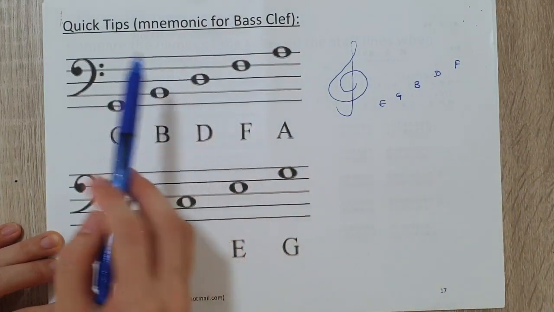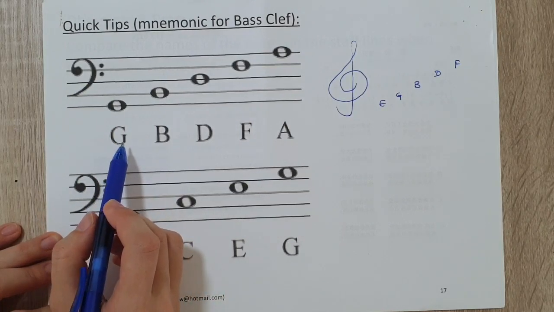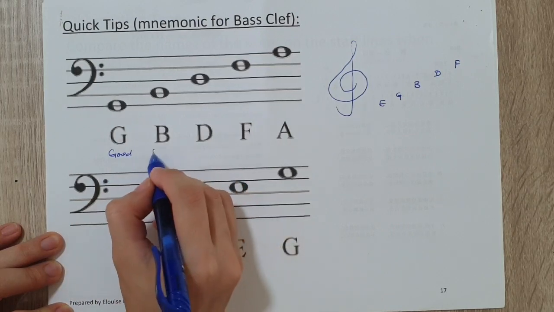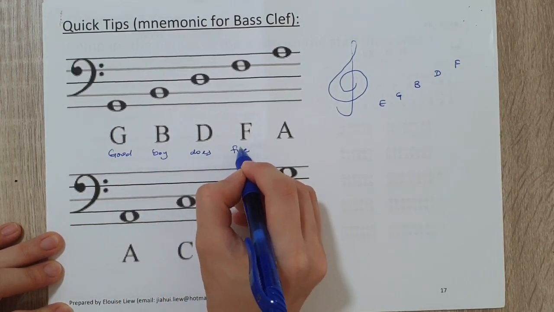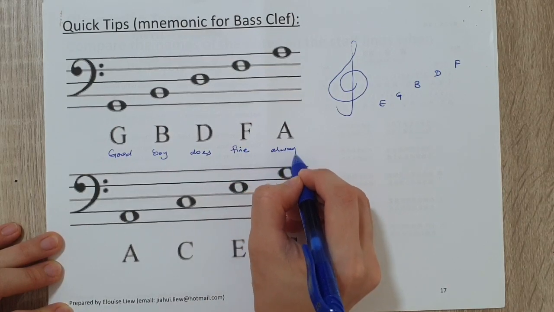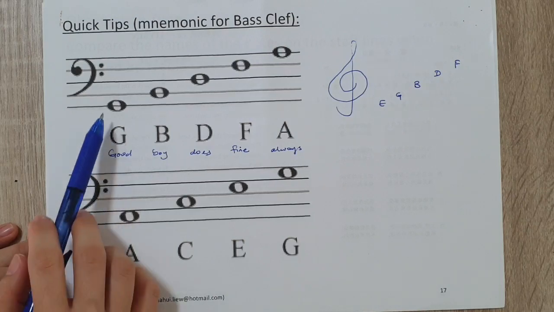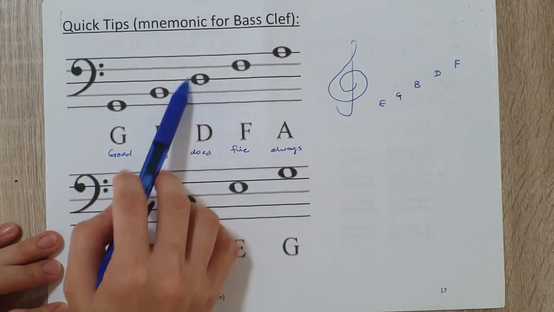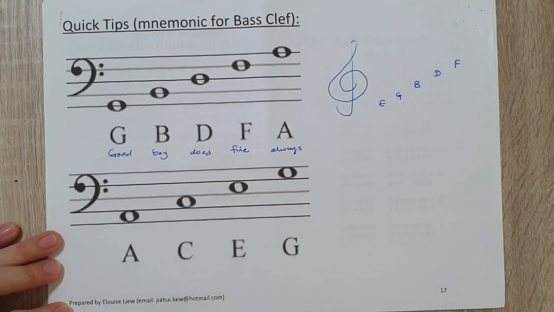Whereas for bass clef, we use the mnemonic: good boy does fine always. So here is good, which is G, boy B, does D, fine F, always A.